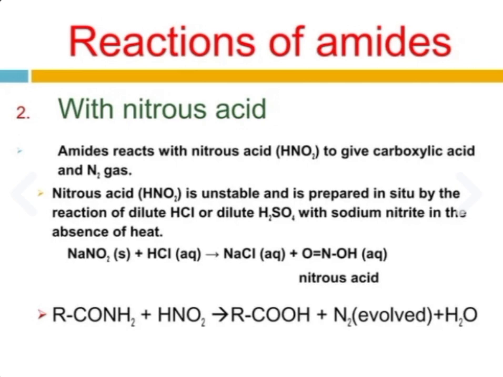Nitrous acid is unstable and is prepared in situ by the reaction of dilute HCl or dilute H2SO4 with sodium nitrite in the absence of heat: NaNO2(s) + HCl(aq) = NaCl(aq) + HNO2(aq). Then RCONH2 + HNO2 gives RCOOH + N2 + H2O.